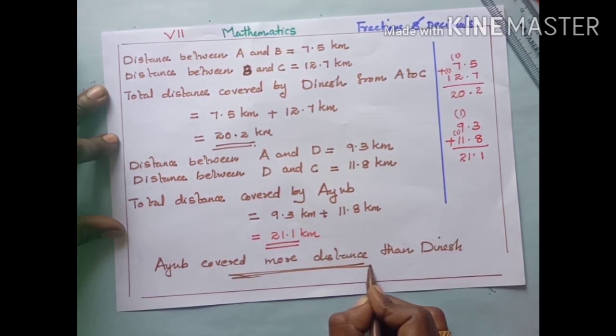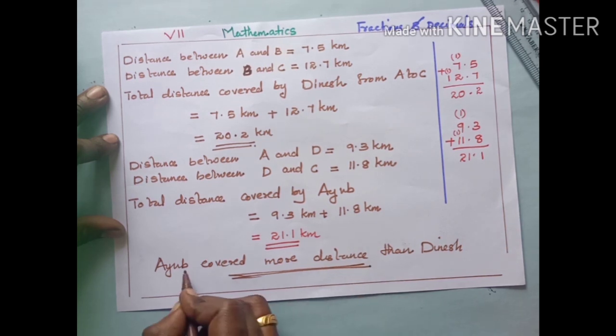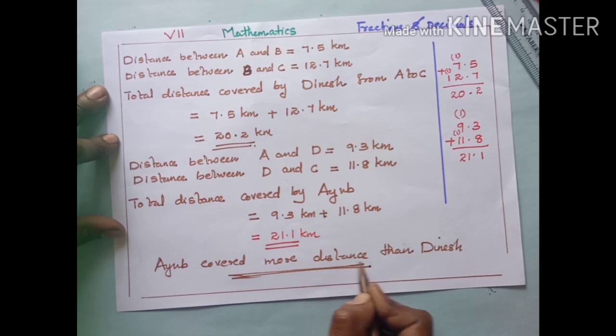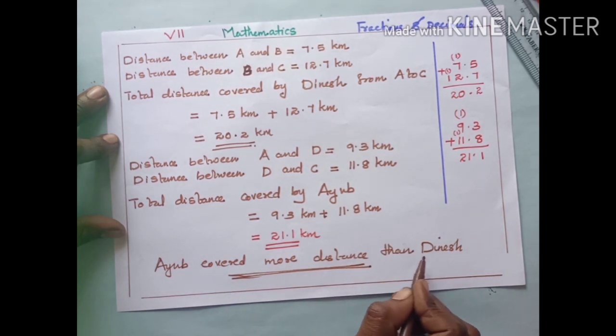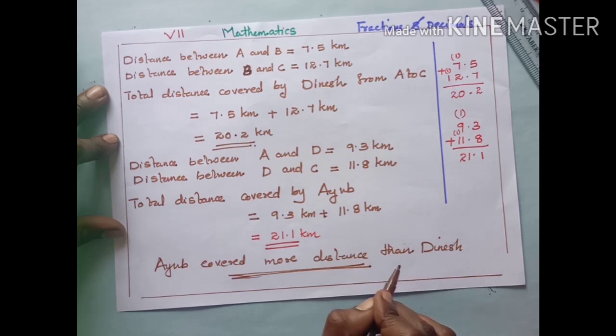Okay. Next we want to find out who travelled more. That is, Ayub covered more distance than Dinesh. Then and how much? How can we find out how much?